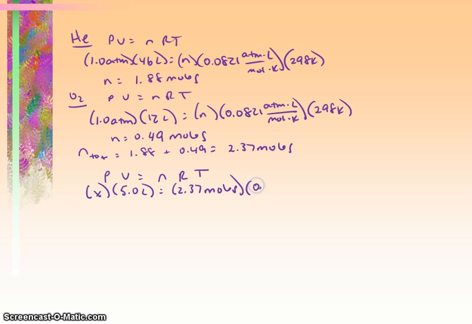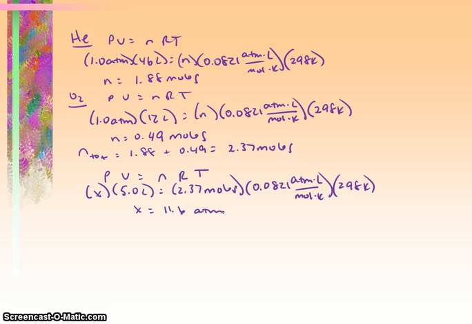We'll use 0.0821 for our R value. And our temperature is 298. So that's going to give us a total pressure of 11.6 atm in this new 5-liter container.